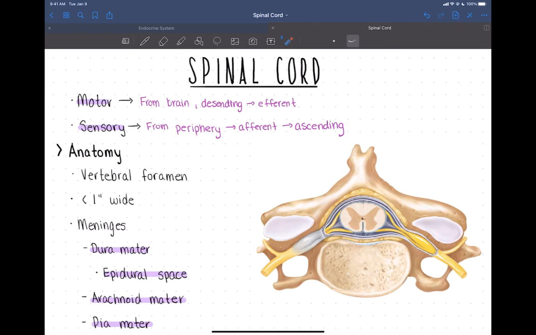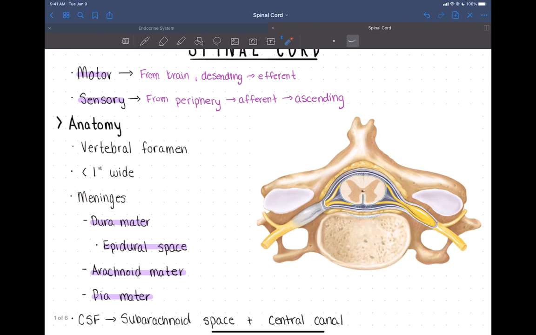So let's review the layers and see what's a little different with the spinal cord compared to the brain. Our outermost layer, again, just like the brain, is the dura mater. If we were to point to it on this picture, it's this layer right here, this outer layer. So that's the dura mater, the outermost layer.